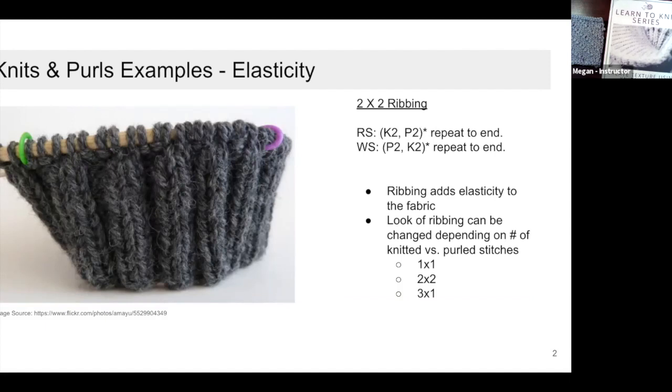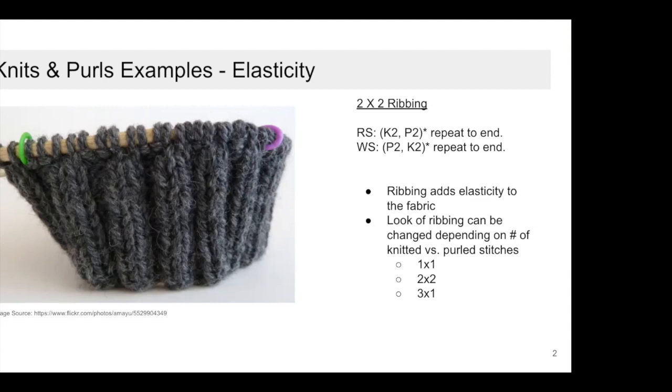So one of the things you can do is ribbing. This is on cuffs of sweaters and hats. Basically, it is a way to alternate the knits and purls in order to create some elasticity, because it just changes the garment by having that change.